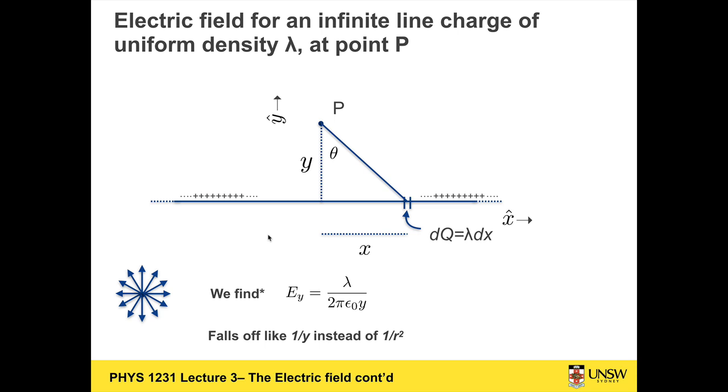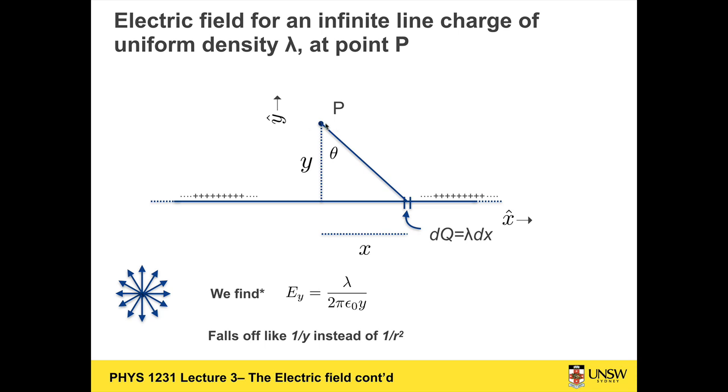Before you even start calculating, you could actually work out a number of properties. You could also show that I have contributions from small units of charge here on the line, and I'll have another contribution here. The horizontal component coming from this charge will get canceled out by the one here.